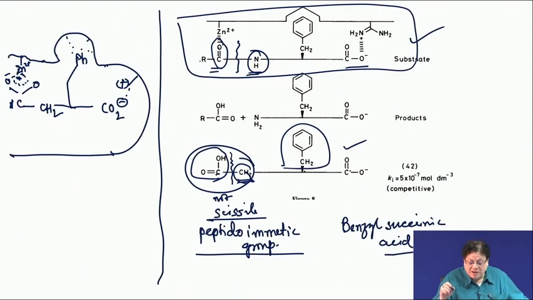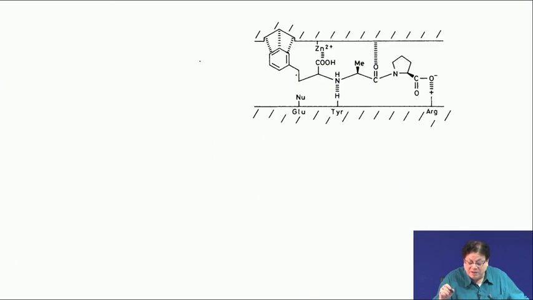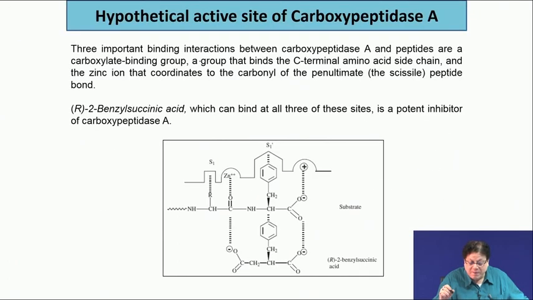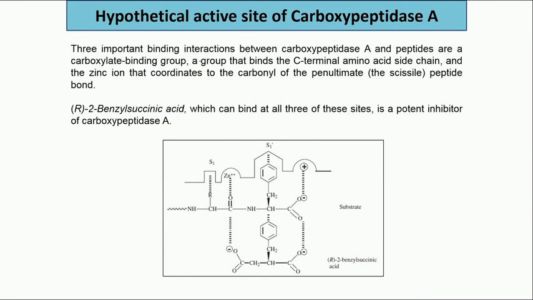Let me see, it must be given somewhere, this type of nomenclature. Yes. See here, the peptide bond that is hydrolyzed is this one. This is called the S1 pocket. So, in the S1 pocket what you have is phenylalanine or tyrosine, the aromatic amino acid.